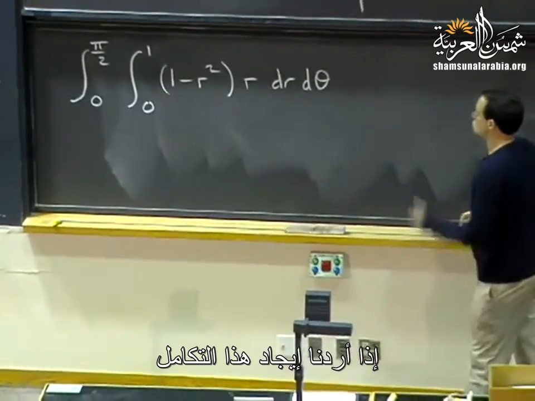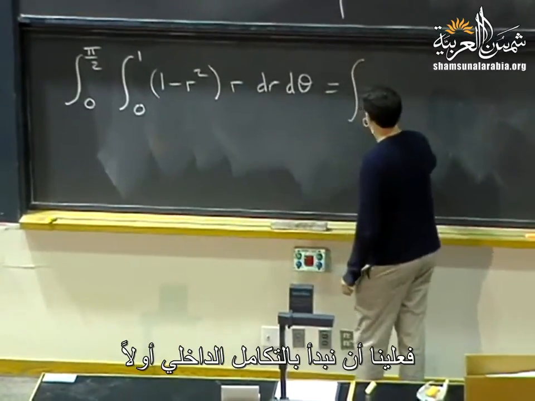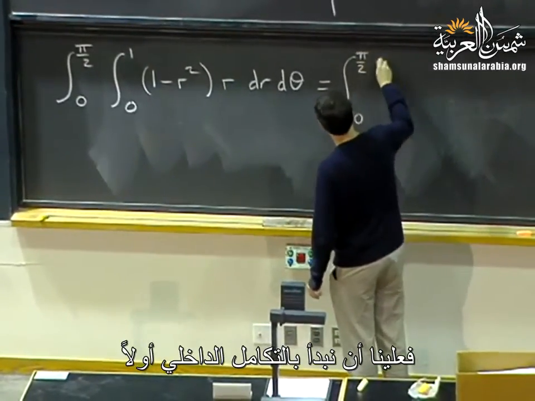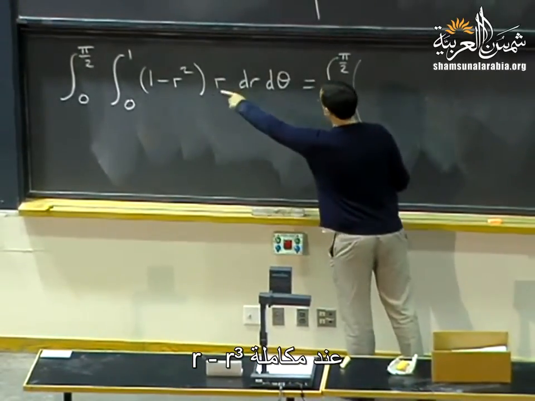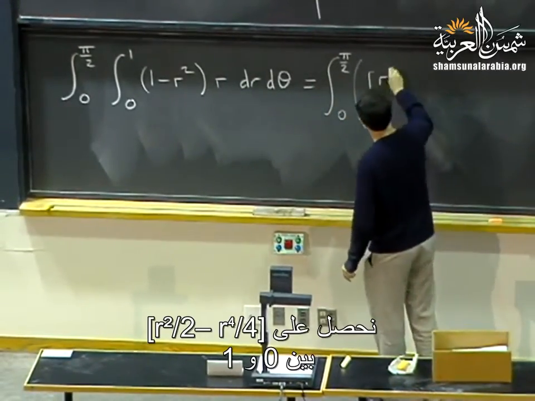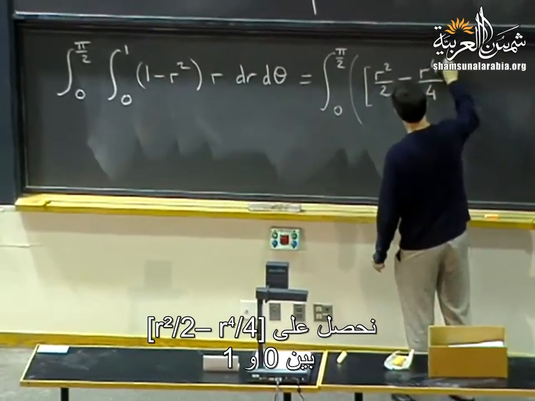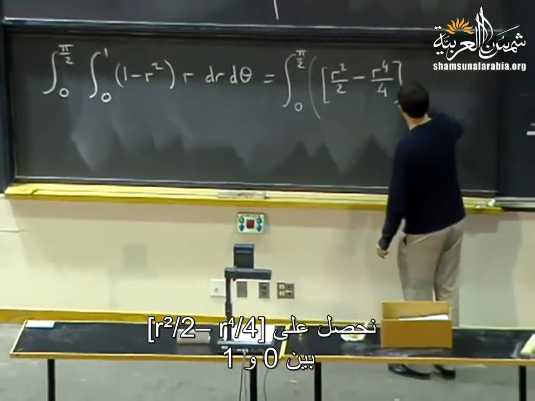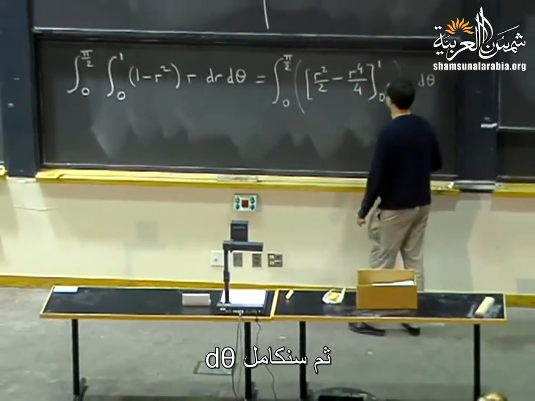Now, if I want to compute this integral, let's first do the inner integral. If I integrate r minus r cubed, I will get r squared over 2 minus r to the 4 over 4 between 0 and 1. And then I will integrate d theta.